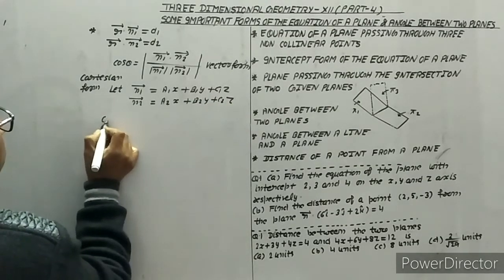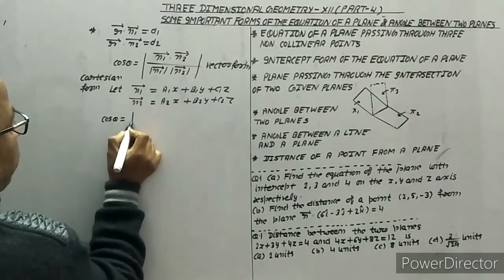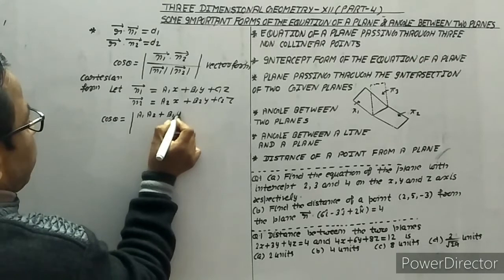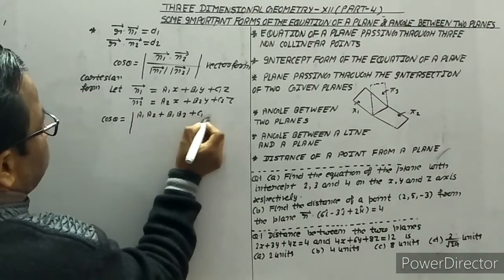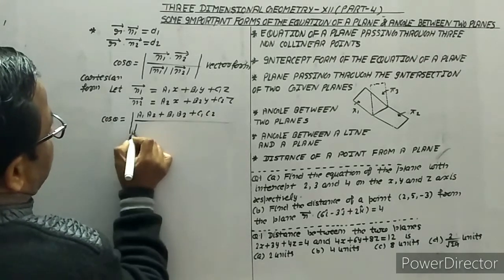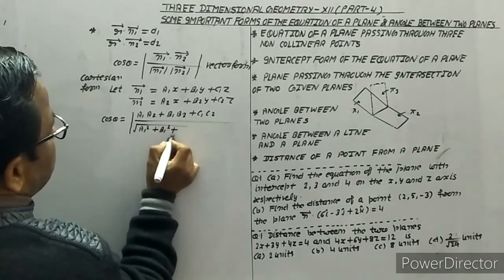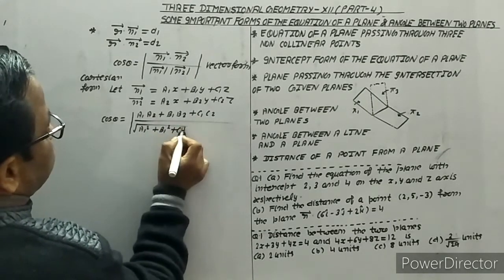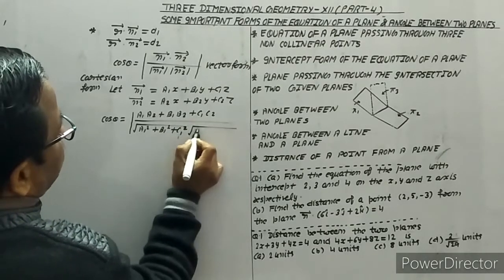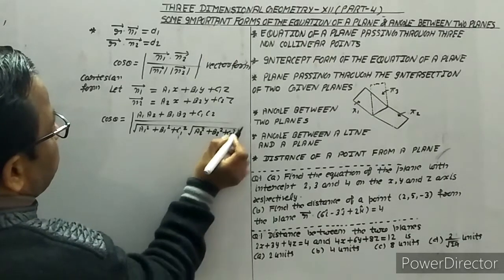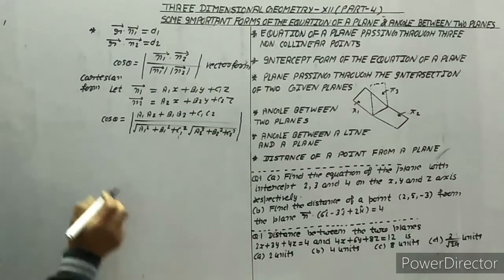Then we find that cos theta is given by a1 a2 plus b1 b2 plus c1 c2 upon under root a1 square plus b1 square plus c1 square into under root a2 square plus b2 square plus c2 square, and the absolute value of this.